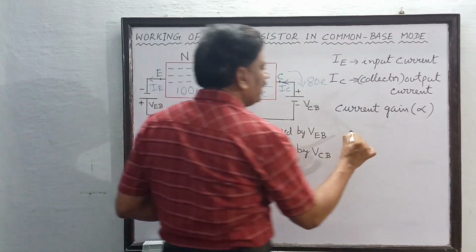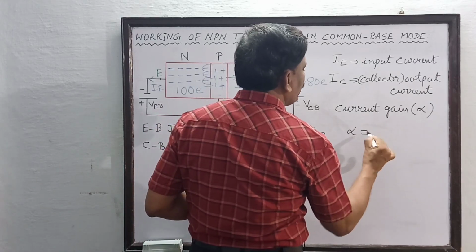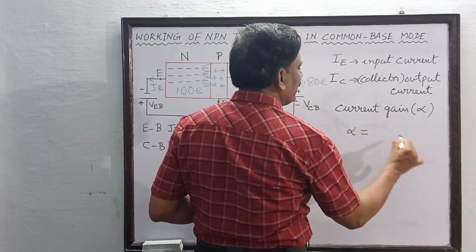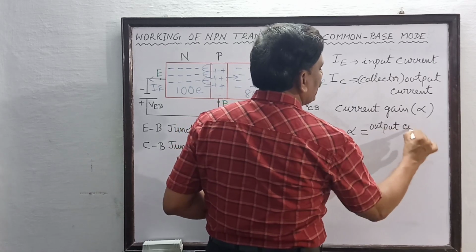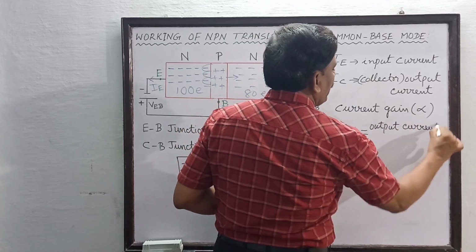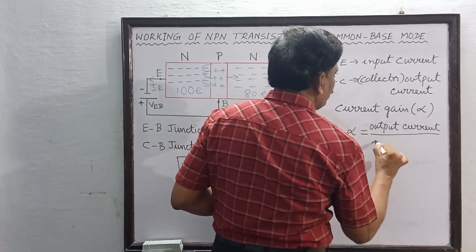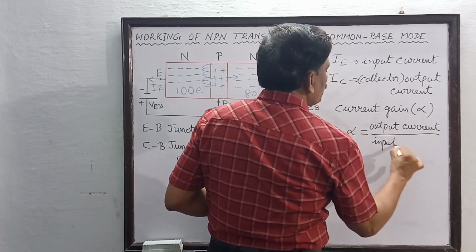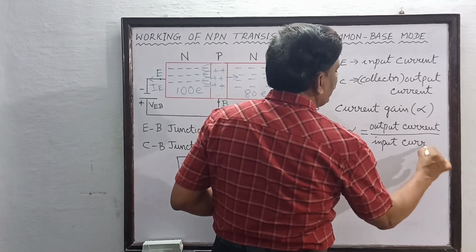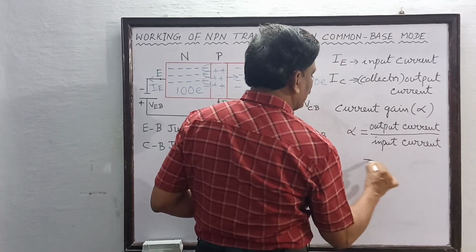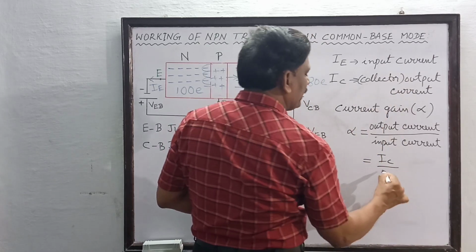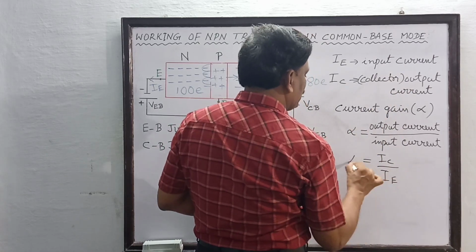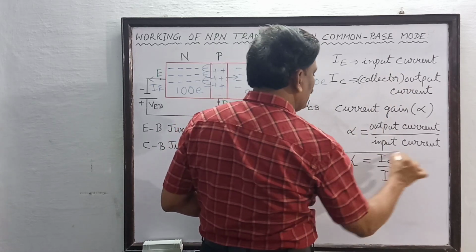So alpha is equal to the ratio of the output current divided by the input current. Instead of output current, I can substitute the collector current, so alpha is equal to the collector current divided by the input current, which is the emitter current. This is the expression for alpha.